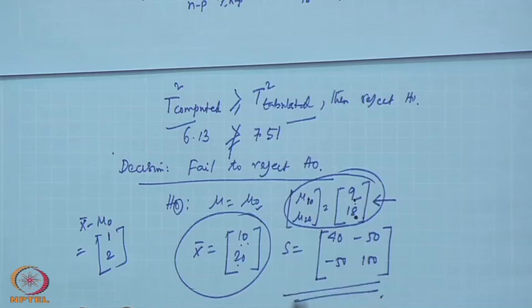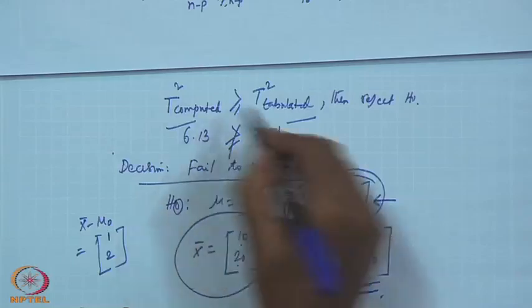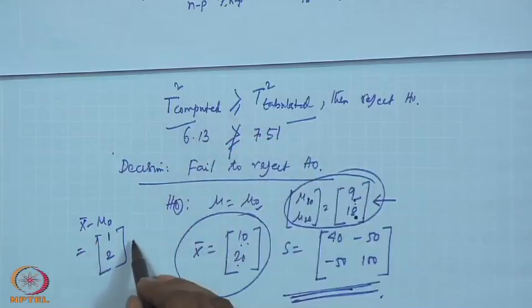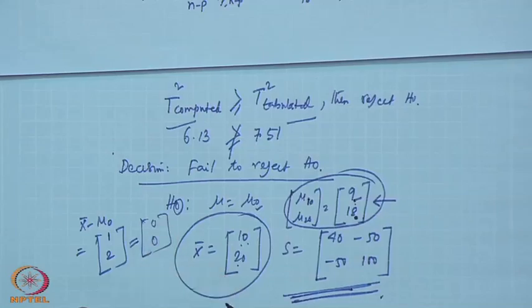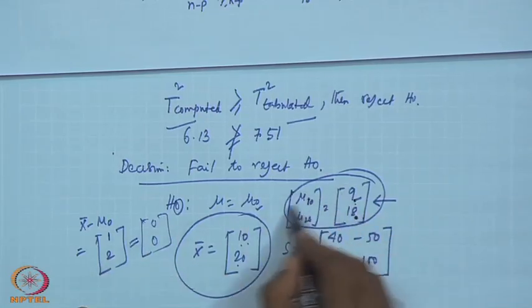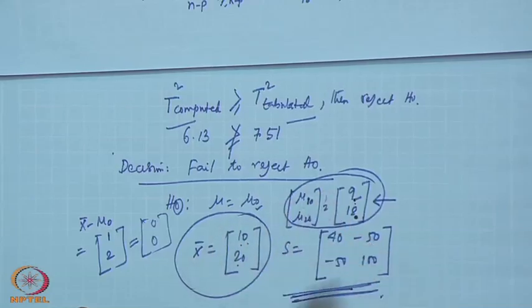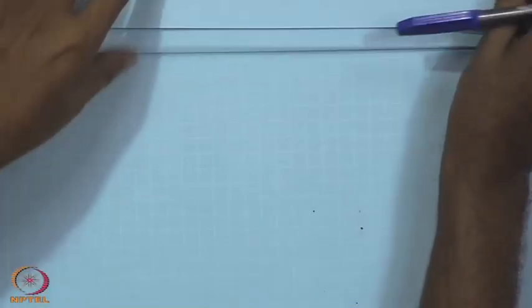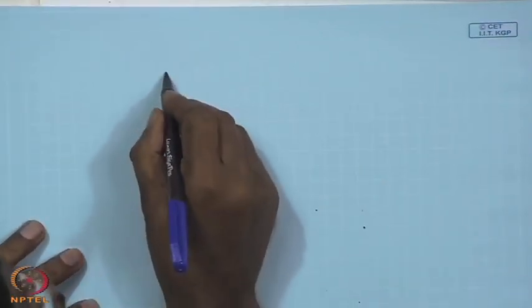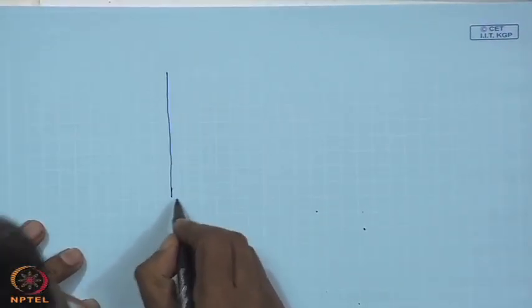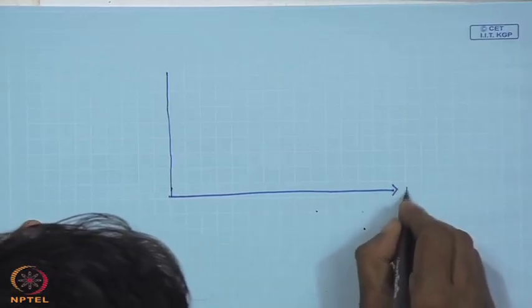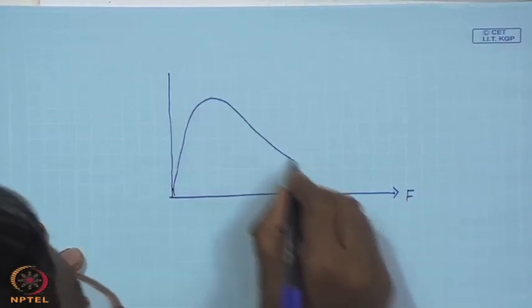The statistic based on this sample covariance matrix, when you are computing like this, you are not finding out that this one is similar to 0, 0. Getting me? That difference, what you have assumed, is not much of a difference. Actually what is required to know here, we have taken the F distribution, this is the F value, this is your distribution.